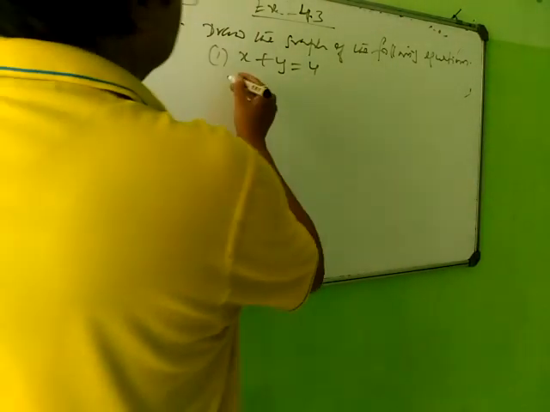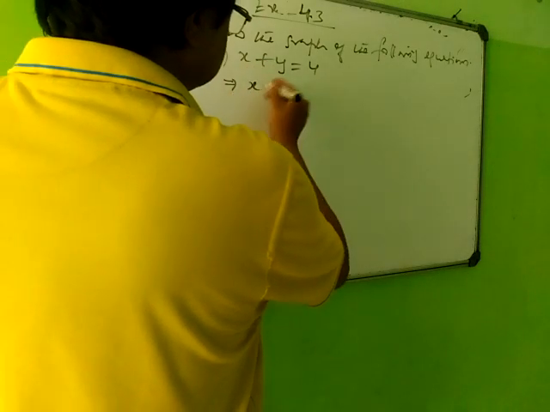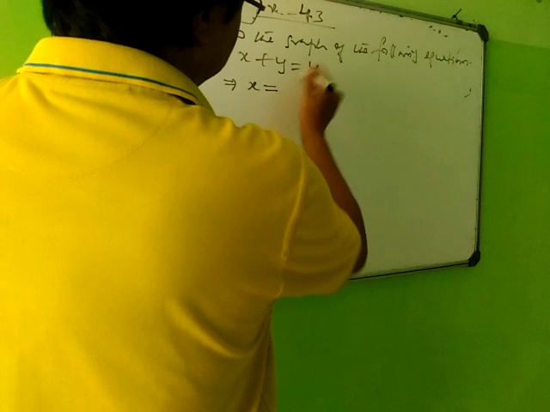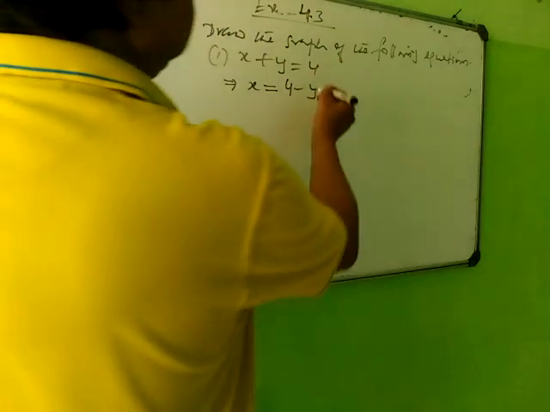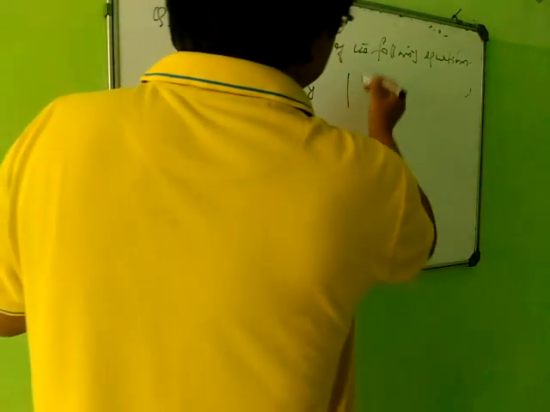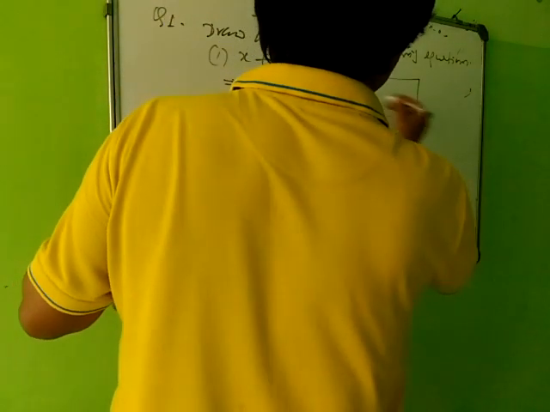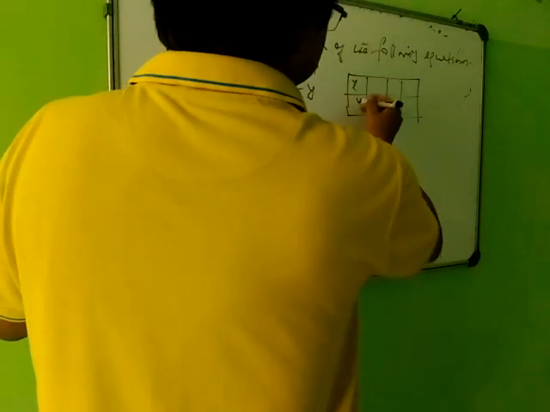So here now, you find out, say x equals to 4 minus y. Now we will make one table. So here x, there is y.